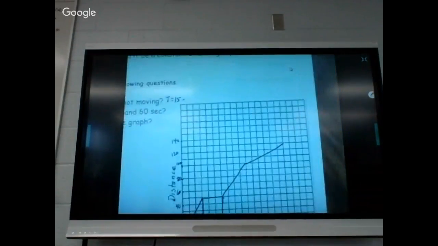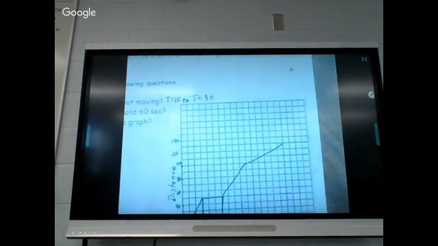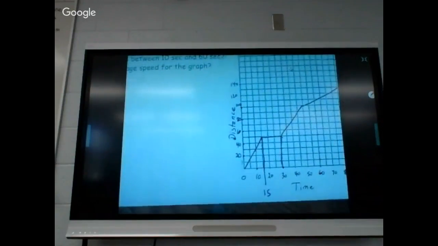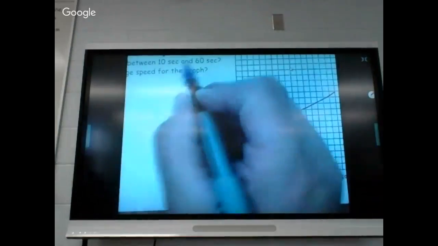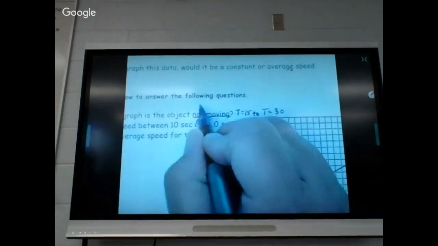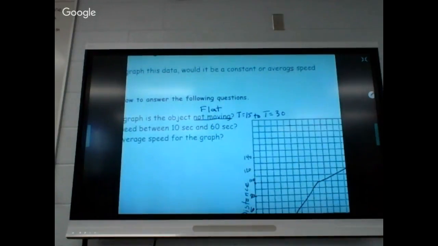So if you wrote it down, 15 to t equals 30 would be correct. Does everybody understand why it's not moving? When it says to you, not moving, you're looking for where the line is flat. That's the piece you're looking for.